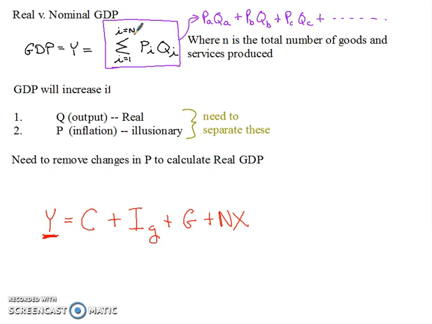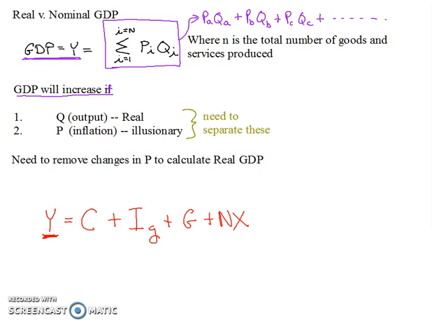Now, the reason why that is important is because once we add up all the goods and services produced in society and we get the gross domestic product, we have to recognize that there is a flaw in this calculation. You see, the gross domestic product will go up if you get an increase in output.